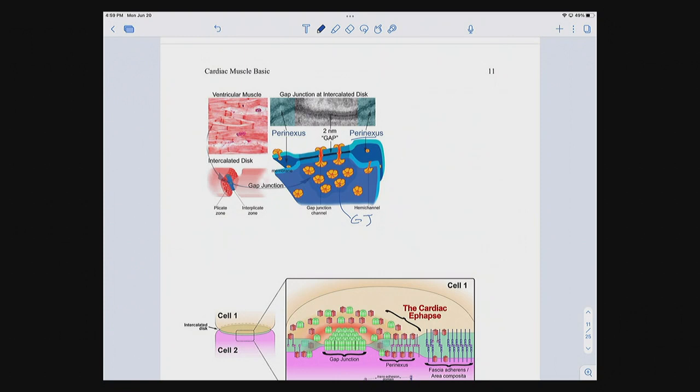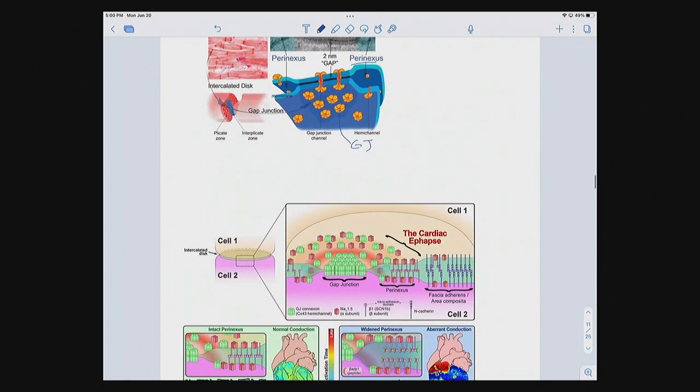Okay, so for many, many years, that was the convention for how one cardiomyocyte communicated with another cardiomyocyte. But there were always anomalies in the data that suggested that the story was more complicated than that. And it turns out it is.